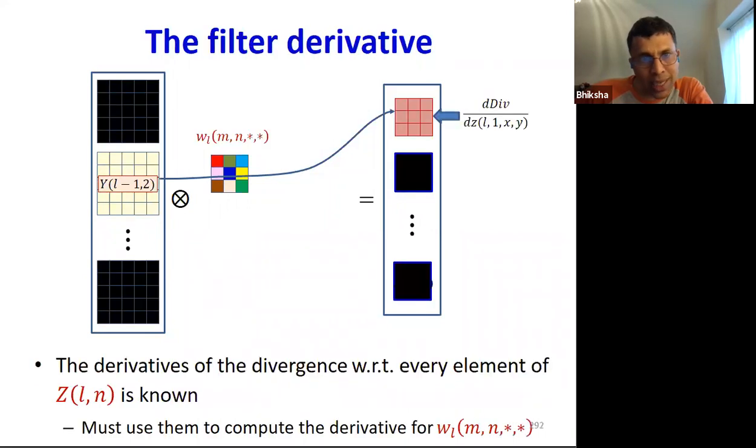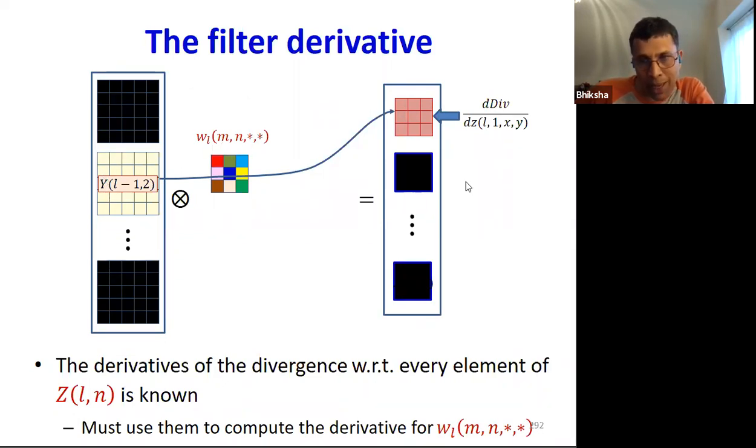So to compute the derivatives for this filter, the only two things that are involved, because these are the only two elements related by this filter plane, are the derivatives for the nth affine map and the mth activation map.